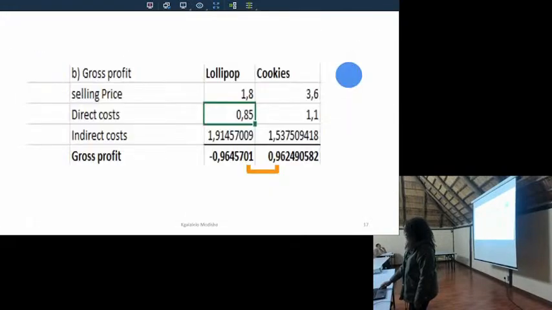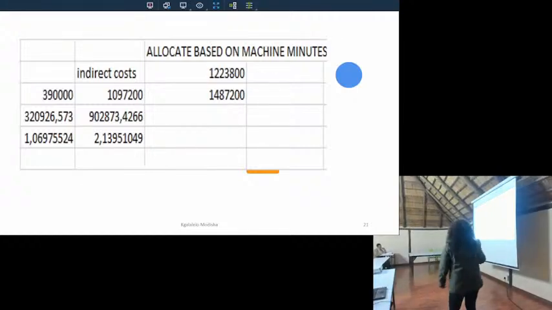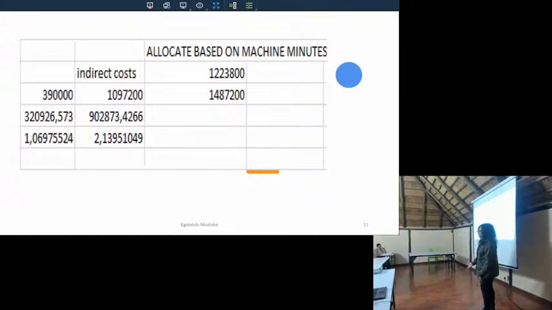Now, we need to calculate how much of the products each use machine time. Do you agree? Because we're using machine time. So how much of our current production, so we've got our current production, right? Which was 300,000.